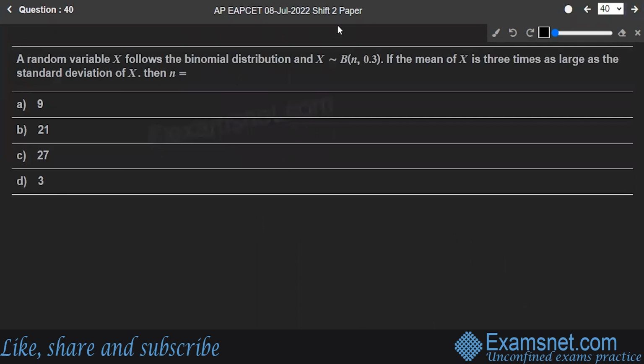Next is question number 40. A random variable x follows the binomial distribution, x belonging to B(n, 0.3). If the mean of x is 3 times as large as the standard deviation of x, then n is equal to. Here you are given that the probability of the event to happen is 0.3. That means the probability of the event not to happen will be equal to 0.7. Mean, that is mu, is equal to 3 times standard deviation.